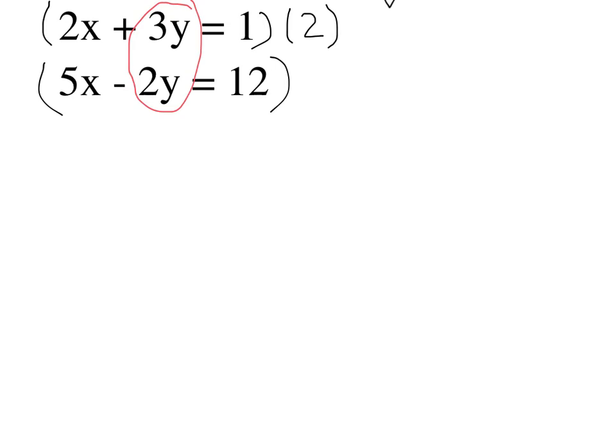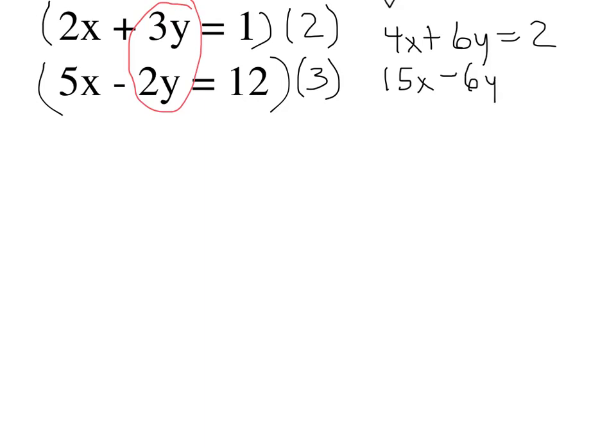So then we'll have 4x plus 6y equals 2. So that's good. We want the second equation to have a negative 6y. We currently have negative 2y. What do we need to multiply by? A 3. So that gives us 15x minus 6y equals 36.